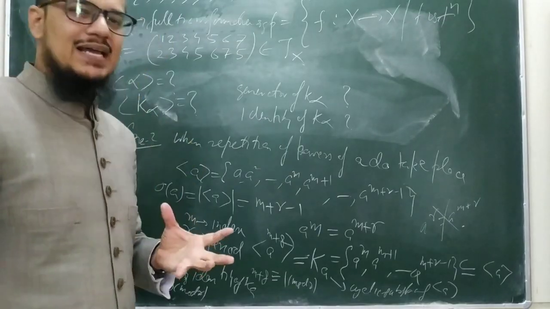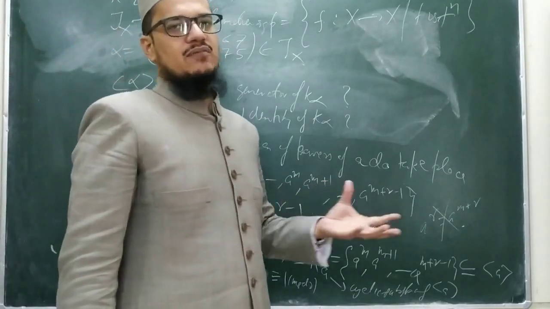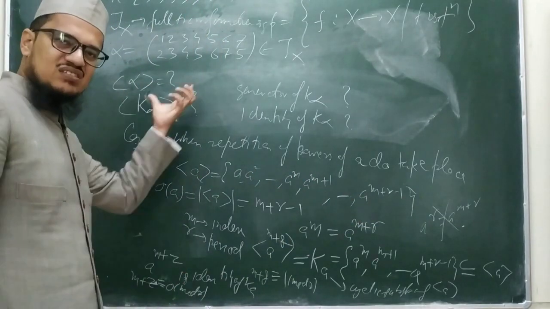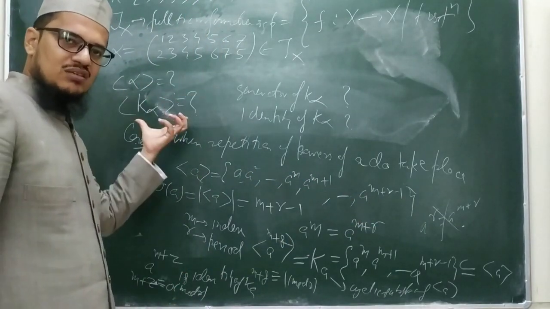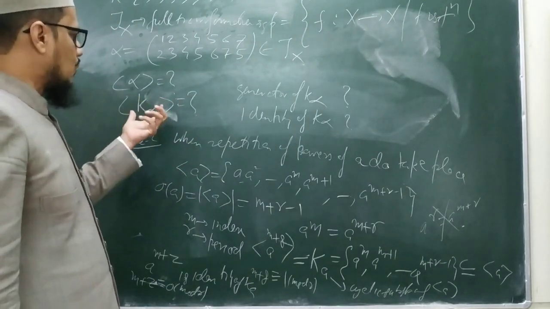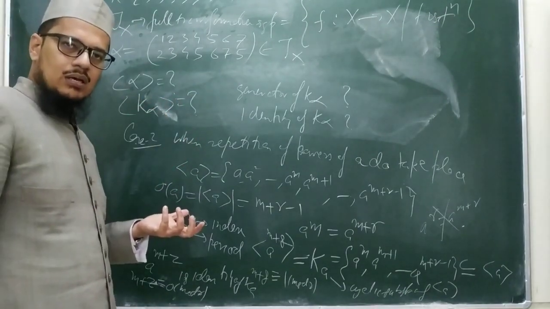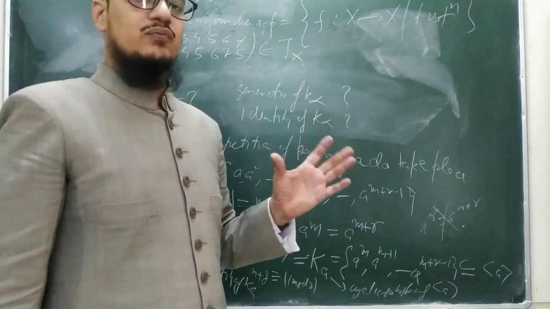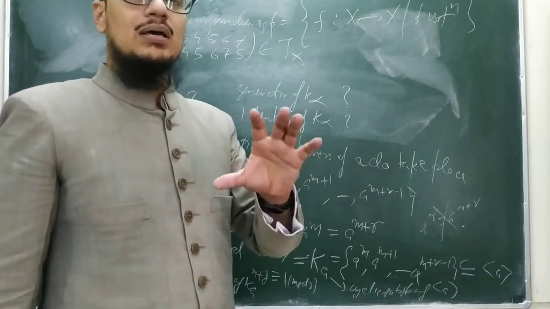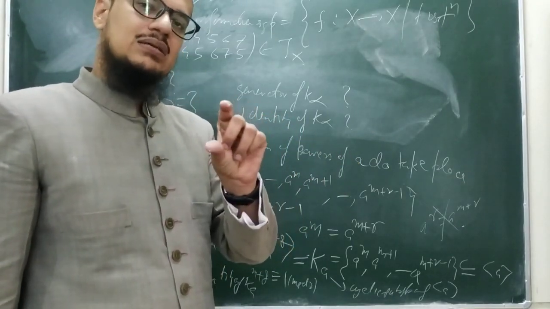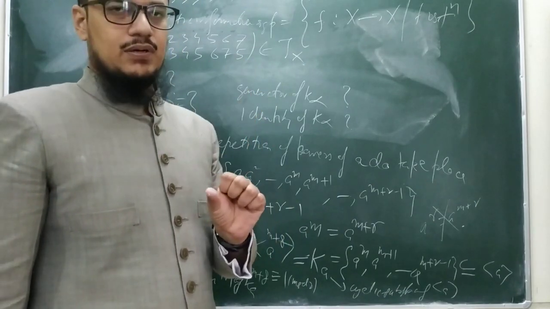If you find the index and period of alpha, you can easily find the set, the monogenic subsemigroup generated by alpha. After that, you can find K alpha, and once you find K alpha, you can find the generator of K alpha as well as the identity of K alpha.